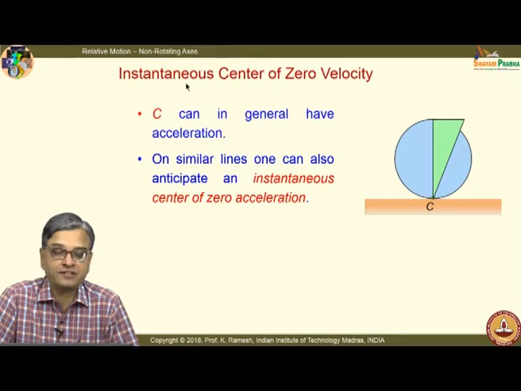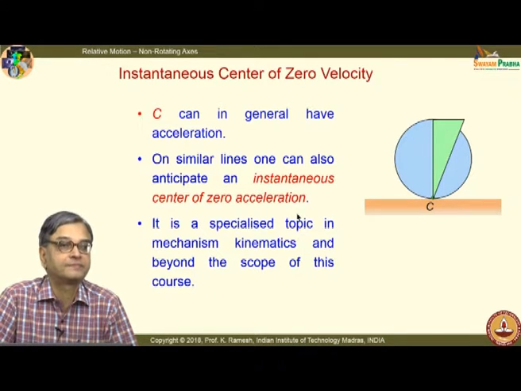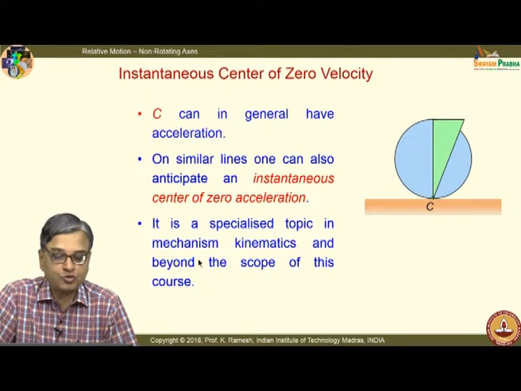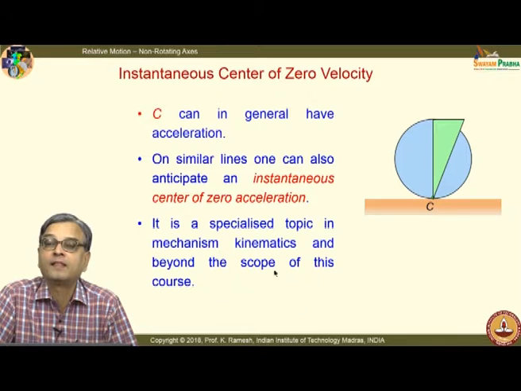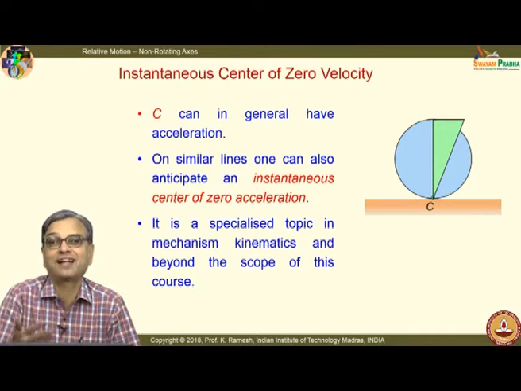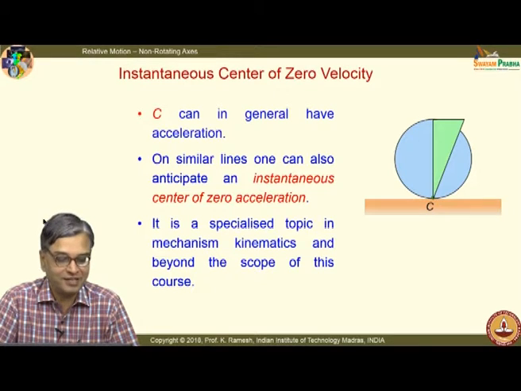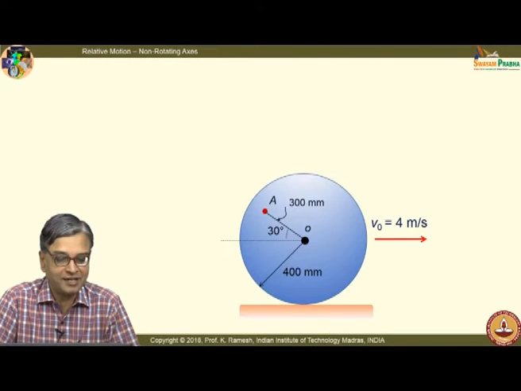When I say instantaneous center of 0 velocity, on similar lines one can also anticipate an instantaneous center of 0 acceleration, which is used in mechanism kinematics, which is a specialized topic, and happily this is beyond the scope of this course. Okay. At least you know that I have a parallel concept. You may have an opportunity to learn it if you stick to one of the mechanical engineering based branches.